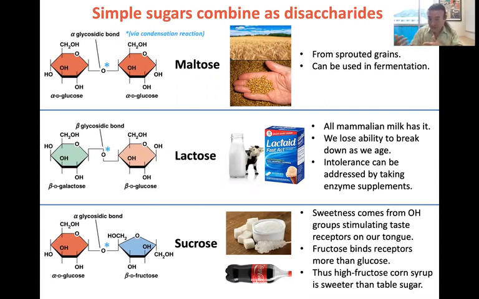First of all, it's cheap because they can just get it by essentially squeezing corn, processing the corn and getting the syrup out of it. And ounce per ounce, the fructose triggers a much sweeter taste in our brains than glucose does. Okay, so what I'm trying to do here is give you guys some real world examples of how the stuff that we talk about in this class actually does matter to your daily life.